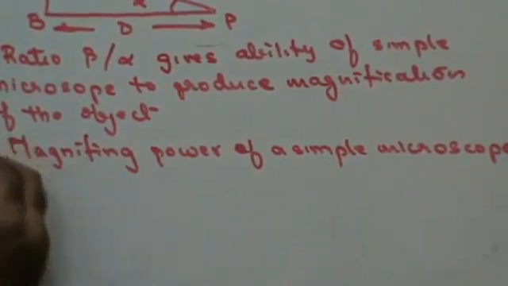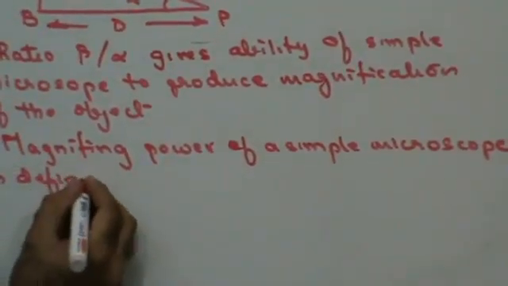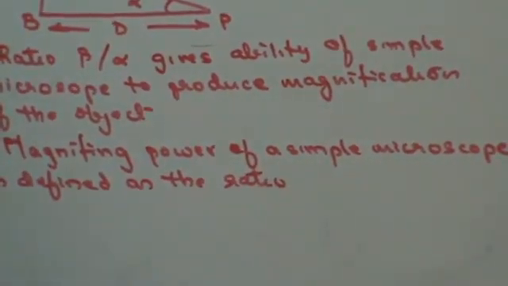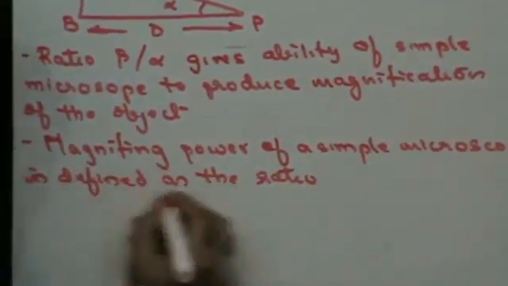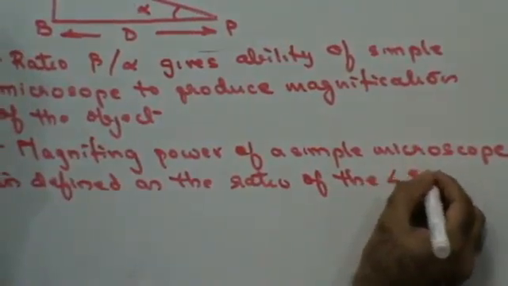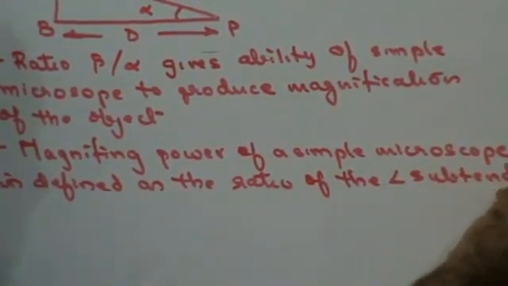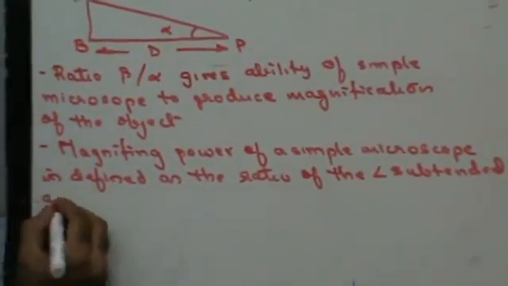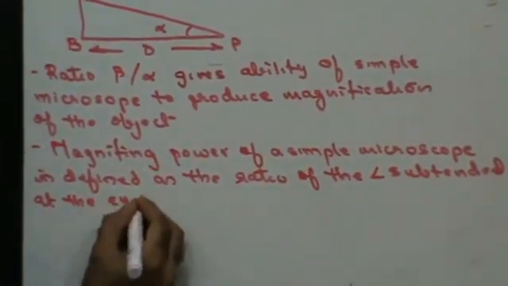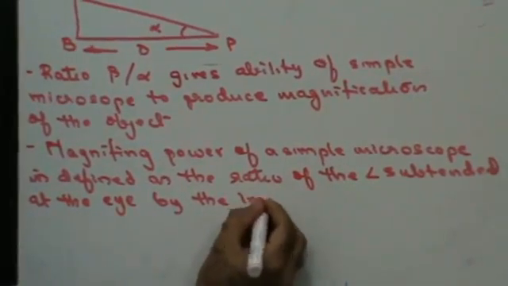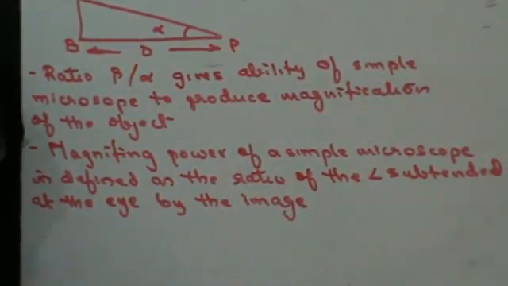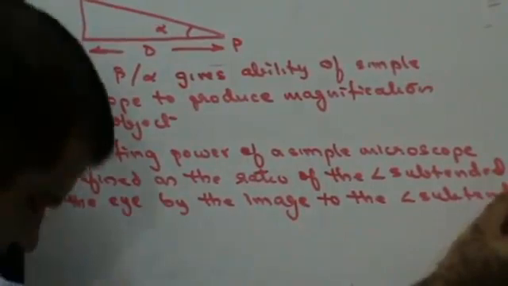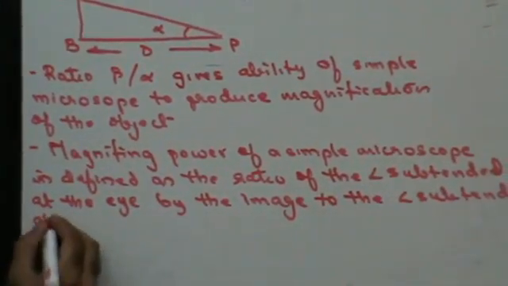Magnifying power of a simple microscope is defined as the ratio of the angle subtended at the eye by the image to the angle subtended at the eye by the object.